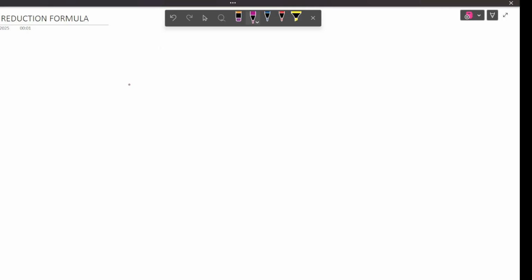We can get these reduction formulas by integration by parts. So let us see some of the reduction formulas and their formulas.